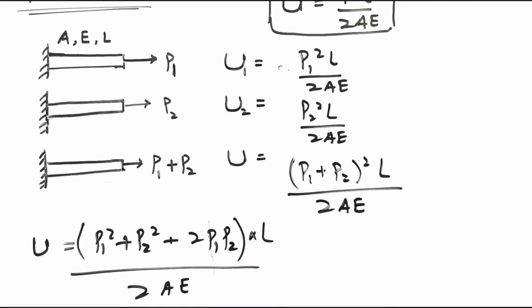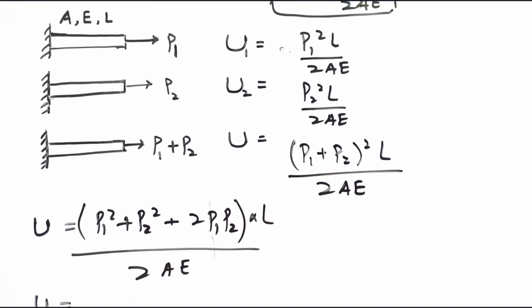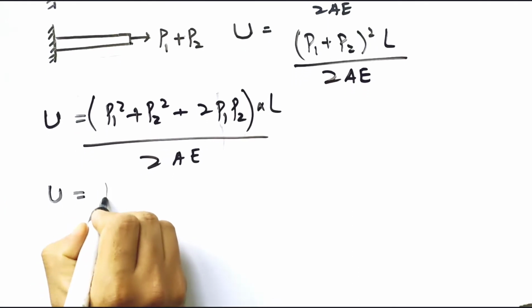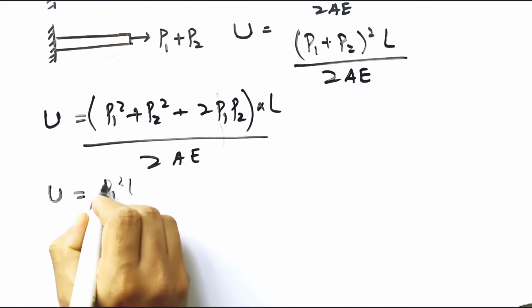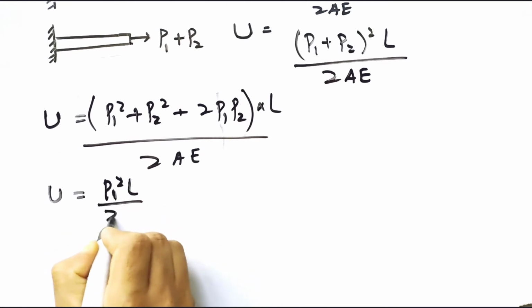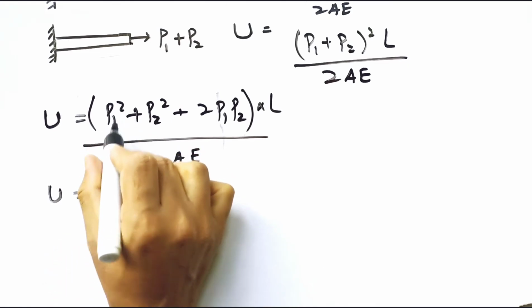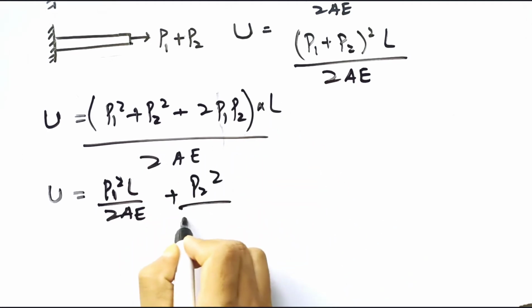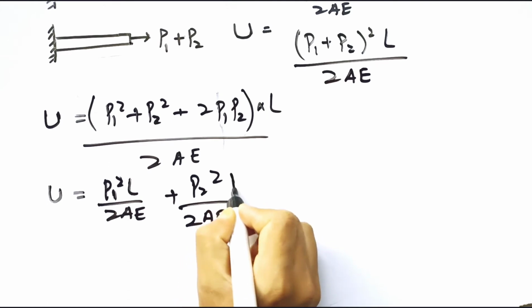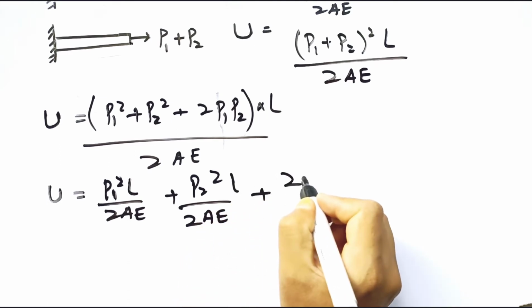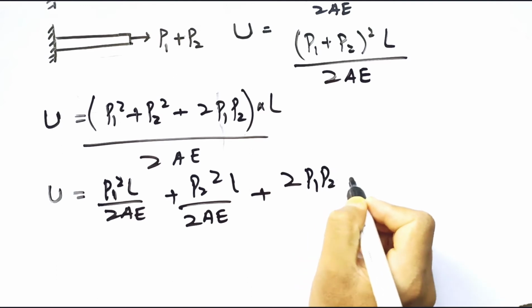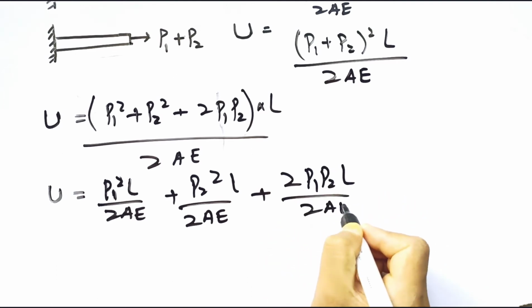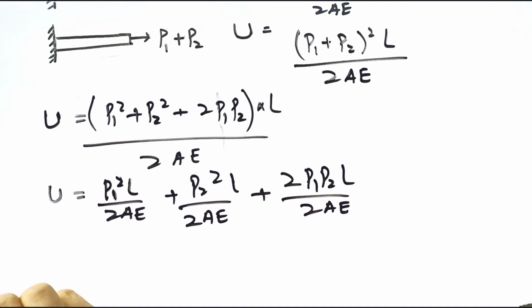Now the value of U will be P1 square L divided by 2AE plus P2 square L divided by 2AE plus 2 times P1 P2 L divided by 2AE, right? So this is the value of U.